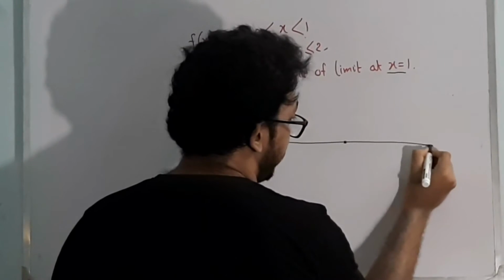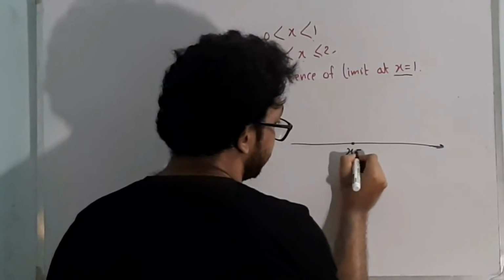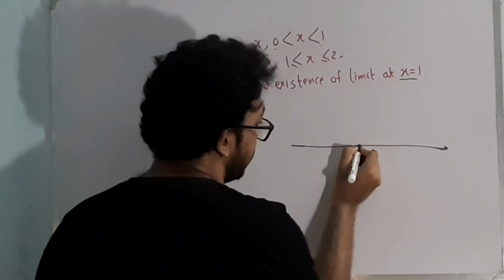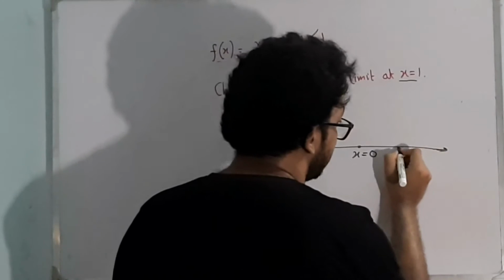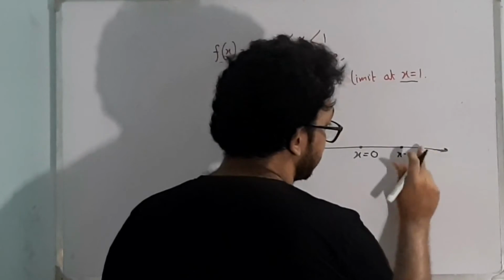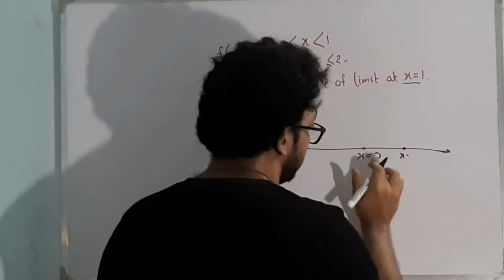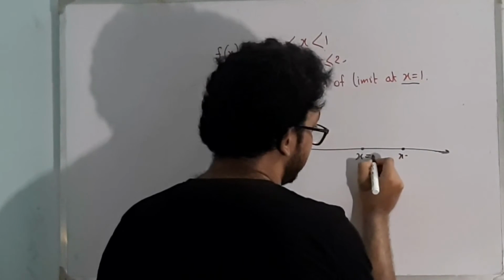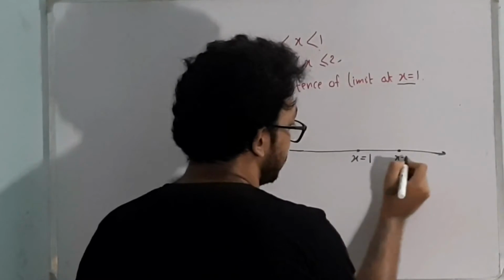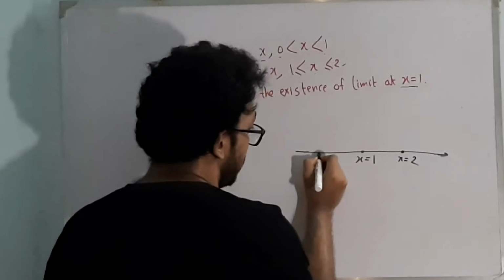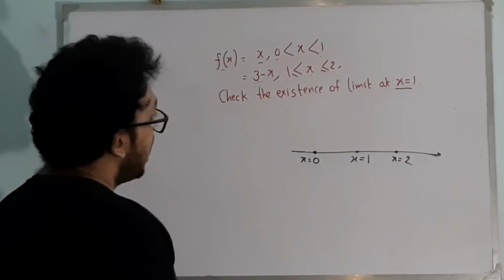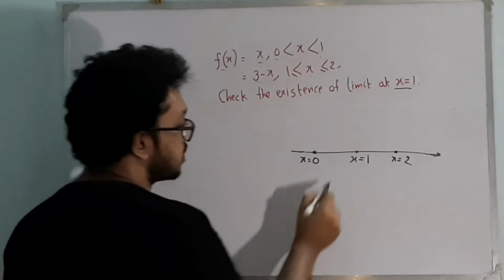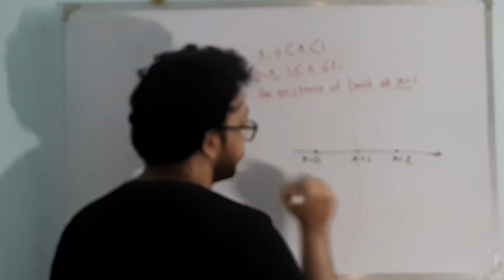Suppose this point on the number line corresponds to x equal to 0, and suppose this point is x equal to 1. Suppose this is x equal to 2. And we have been asked to check the existence of limit at this point, that is x equal to 1, right?